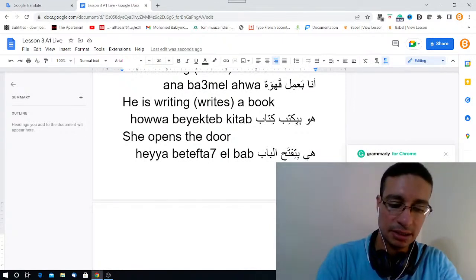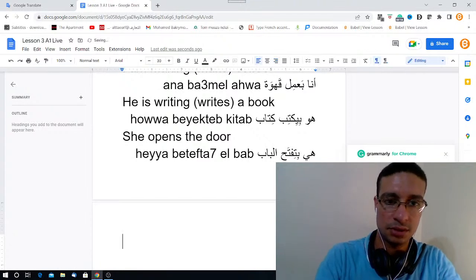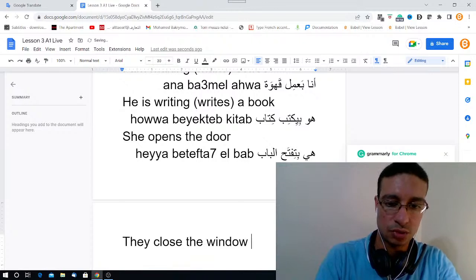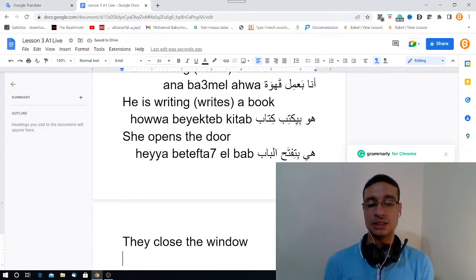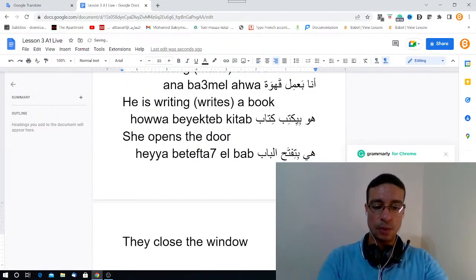Another sentence: let's say they close the window, or they are closing the window. So they is هما.